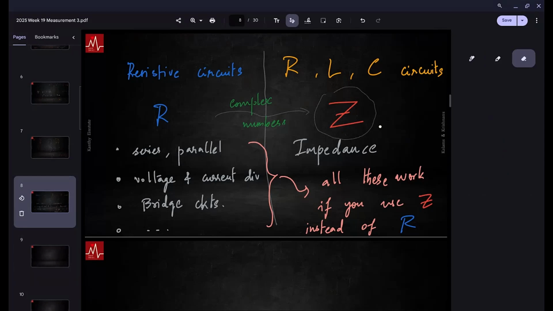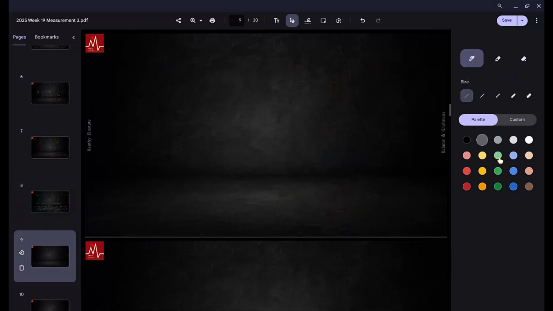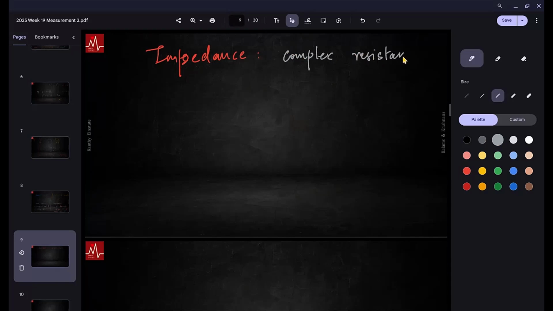The first thing is Z. What is this impedance for this? So let's do impedances. In English this is complex resistance. It's still resistance, but it's complex.